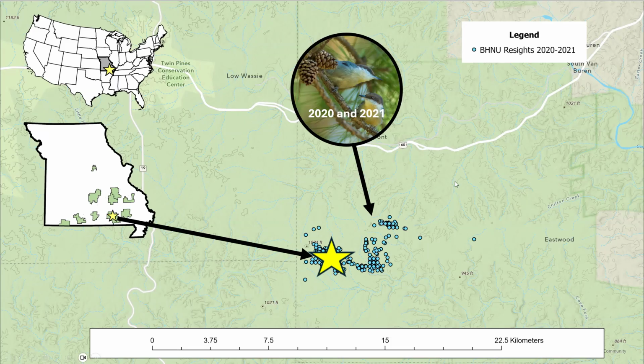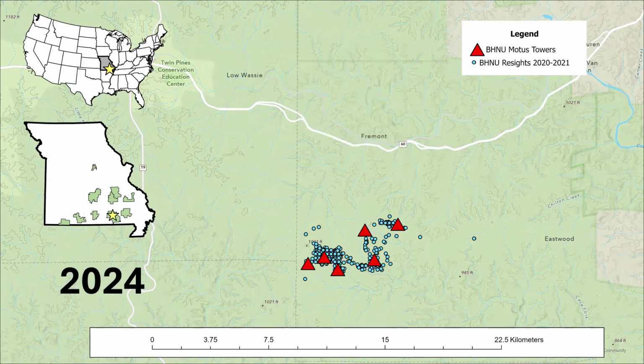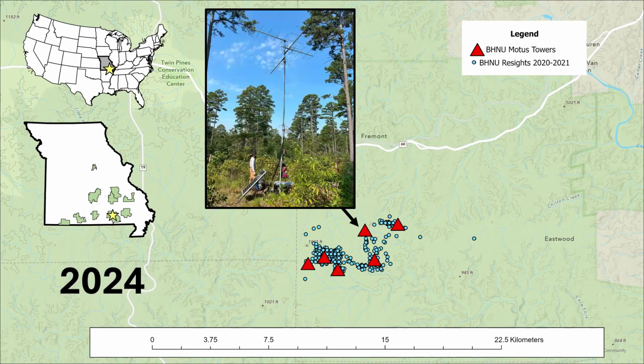And I wanted to show you this because it provides good context for where we put the Nuthatch pop-up stations in 2024. So we chose high elevation sites in clear canopy areas, and we put up these 20-foot pop-up Motus towers.